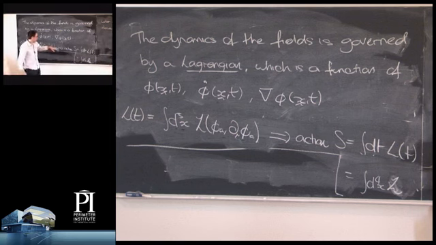So the action is the integral over time of the Lagrangian, but because the Lagrangian itself is the integral over space, the action becomes the integral over space and time of this thing called curly L. This curly L is really called the Lagrangian density.